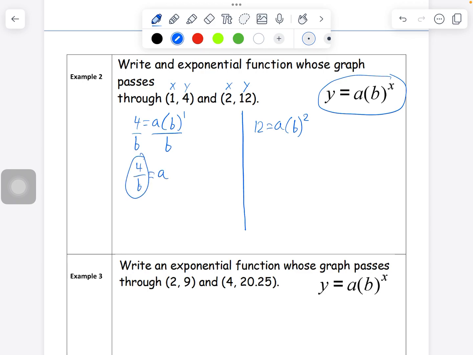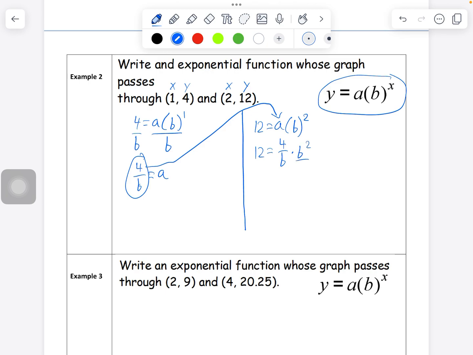Then we're going to take this value and swing it in place of the a over here, because this way we can get it down to a single variable in the same equation. Since we've concluded that a equals that, we can write this as 12 equals 4 over b times b squared.